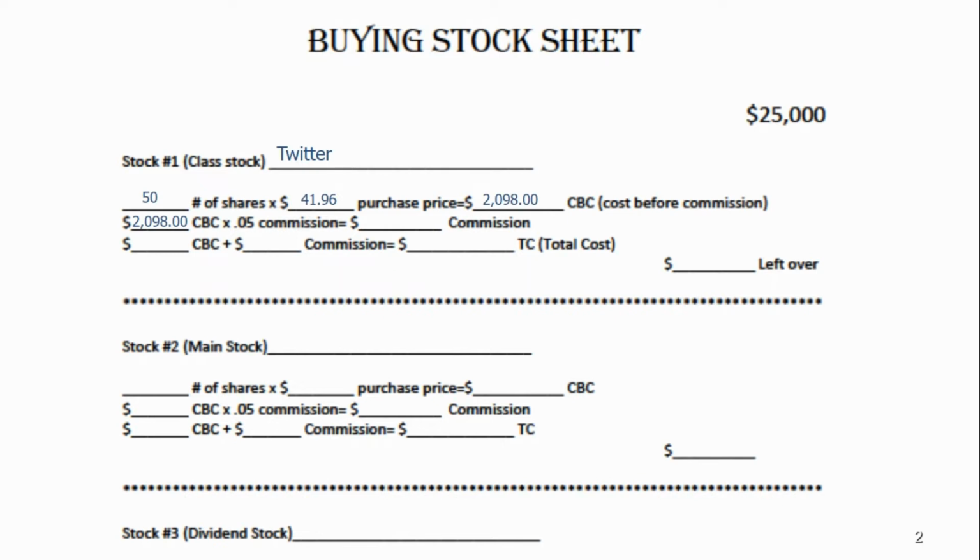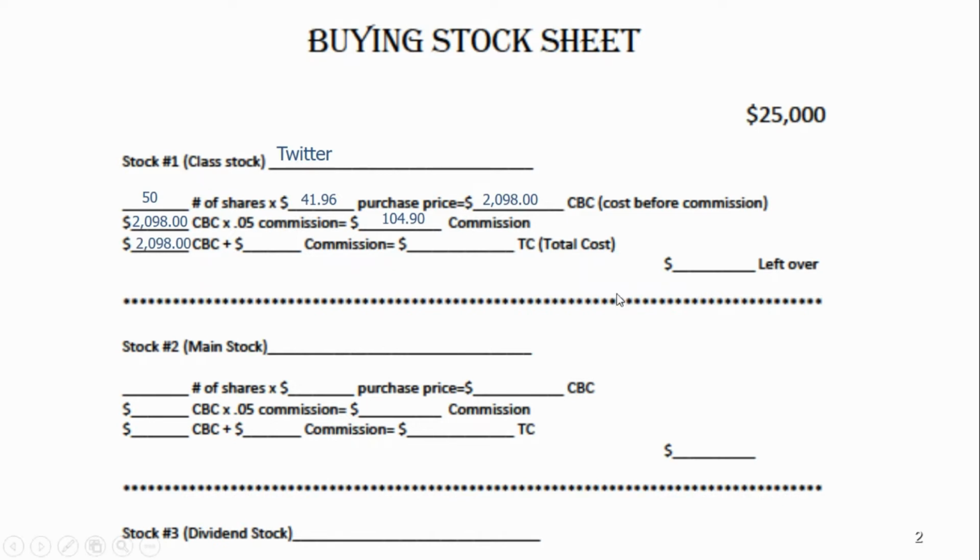You're going to get a lot of money here, and it shouldn't be that at all. Your commission is going to be $104.90. You will pay your stockbroker $104.90 because that dude's not working for free.